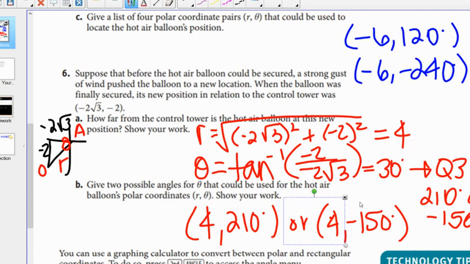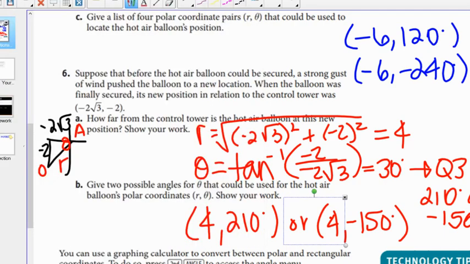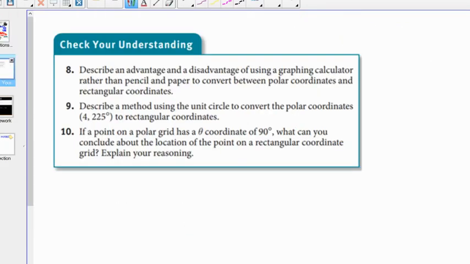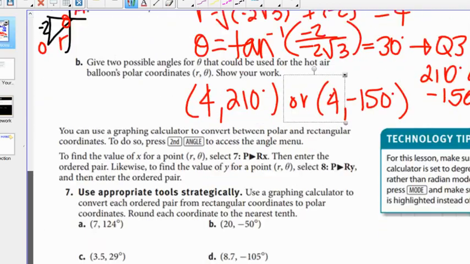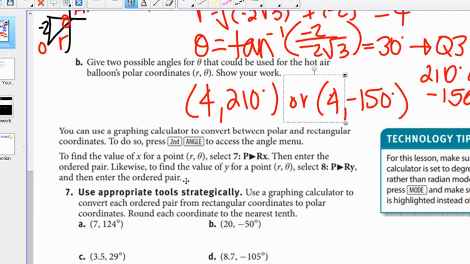Okay, now your calculator can help you find the polars to rectangulars. And actually we can go the opposite way as well. But if you look on your calculator, and this is actually on the next page here as well, on page 385, it's telling you how you can use your calculator to help you find from polar to your x coordinate, from polar to your y coordinate.